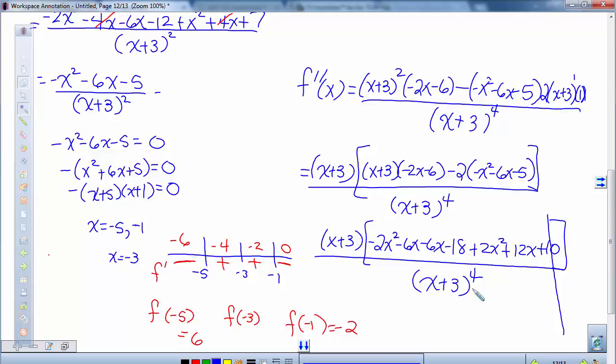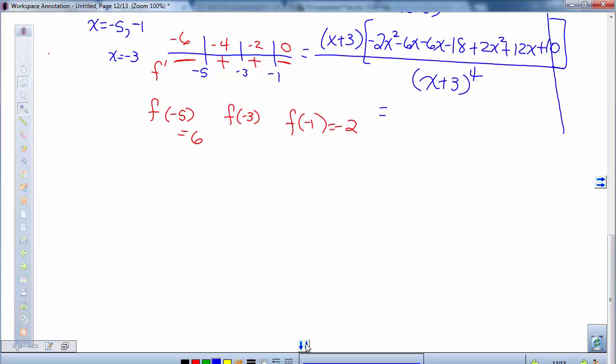Okay, and so we get x plus 3. We got minus 2x squared plus 2x squared. And so we got minus 6x and plus 12x. Those cancel out. So it looks like I just have minus 8. Do you agree?